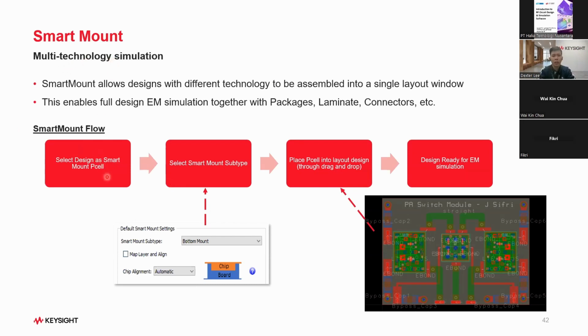I won't go through the details, but just within a couple of steps here, basically you can see that we can actually integrate the different technology design, right? Basically the IC substrate will have a different substrate technology with our package or our laminate module here. So basically through a simple drag and drop, we are able to combine the different IC chips together on a package and integrate it with a bond wire.